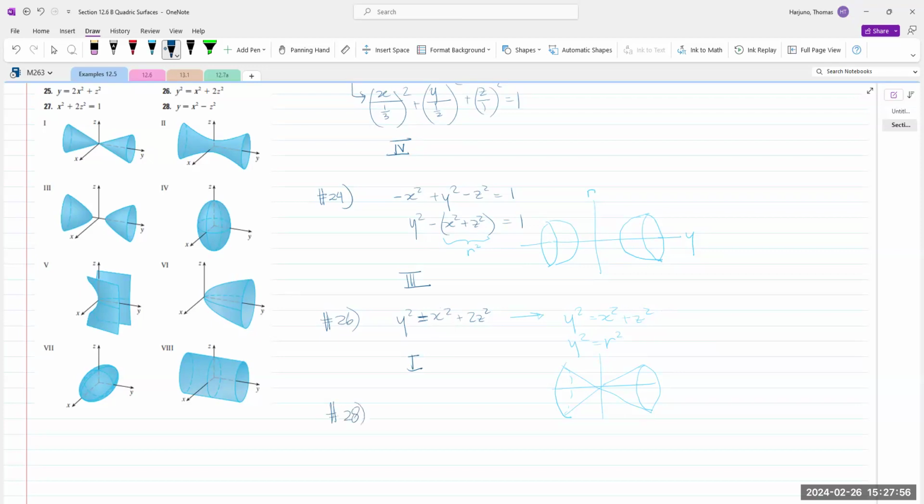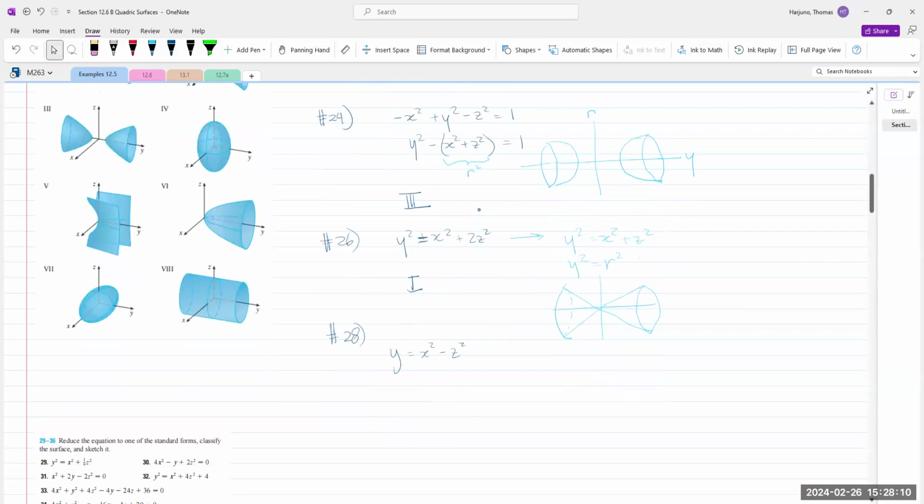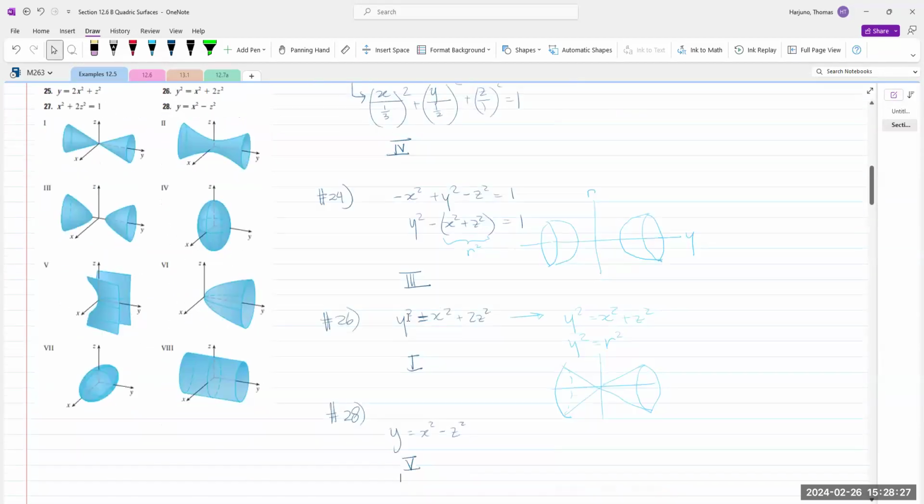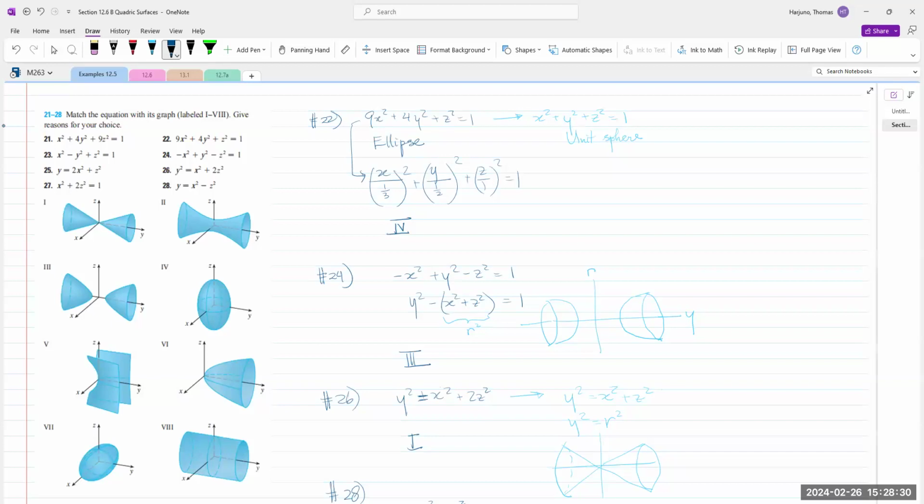Number 28, y equals x squared minus z squared. This is the y. Oh, so what is this again? This is number 5. Okay. Let's see. I happen to see a cylinder here, number 27, and there's only one cylinder here, right? So number 27 is 8.